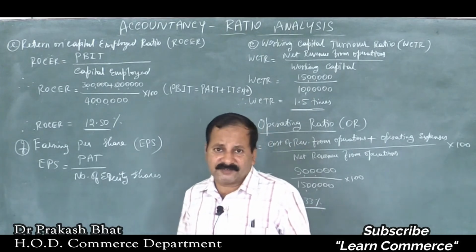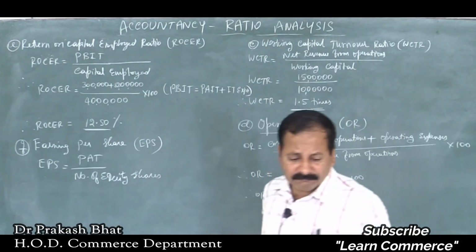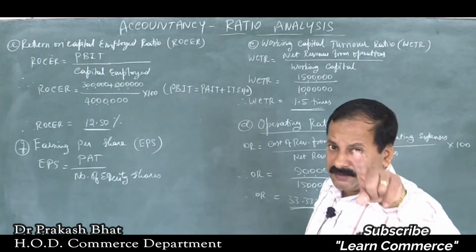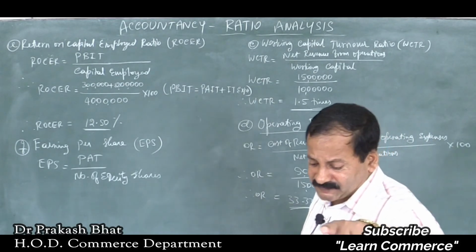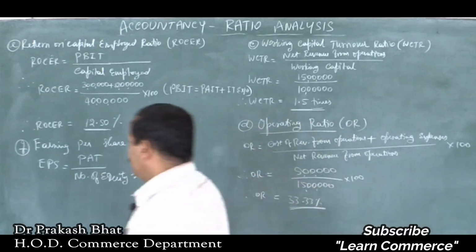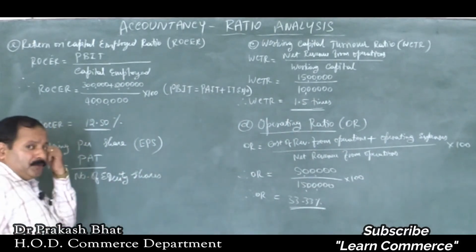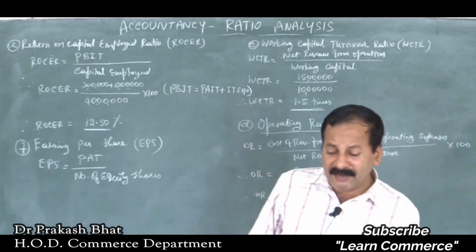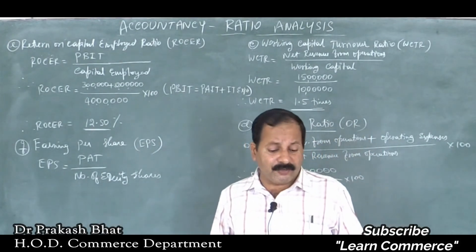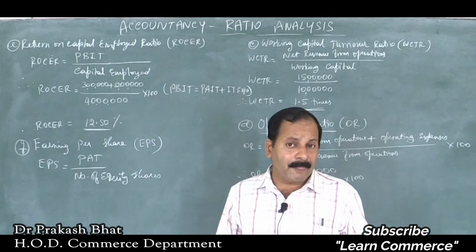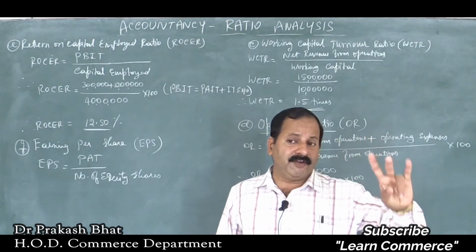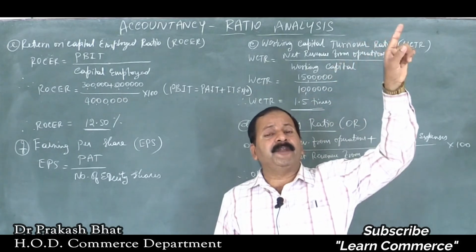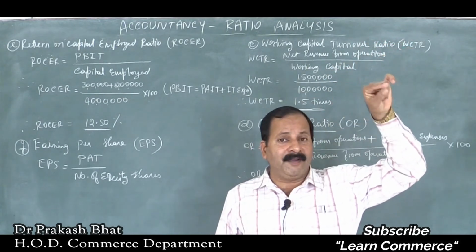Very simple, friends. So here, 3 lakh minus 1 lakh, because the 3 lakh profit after tax available includes the dividend to preference shareholders. So when you deduct the dividend payable to preference shareholders, that is the amount available for distribution among the equity shareholders, because preference shareholders get priority over repayment of capital and payment of dividend.